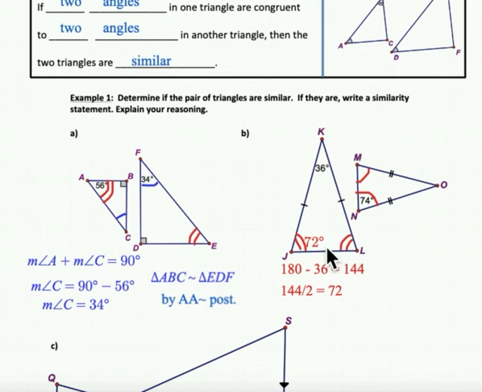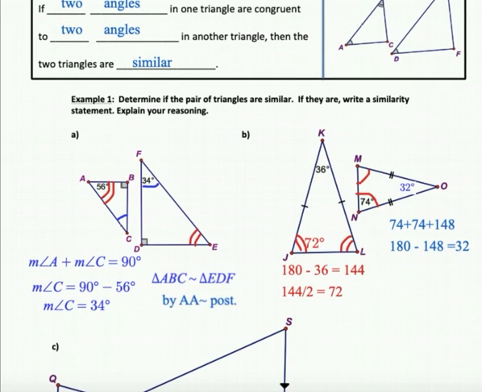So angle J and angle L are both 72-degree angles. In triangle MNO, I added this 74-degree angle to this 74-degree angle to get 148. To find the measure of angle O, just subtract that sum, 148, from 180, to get that the measure of angle O is 32 degrees.